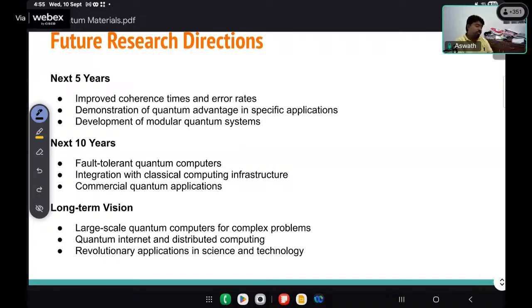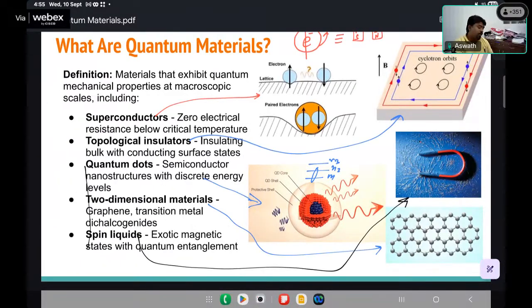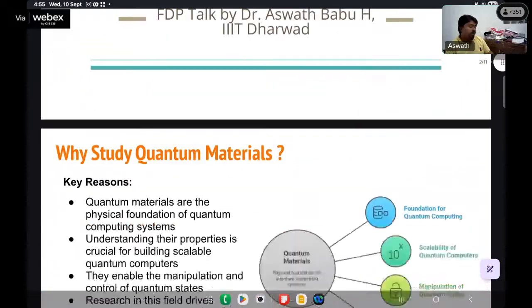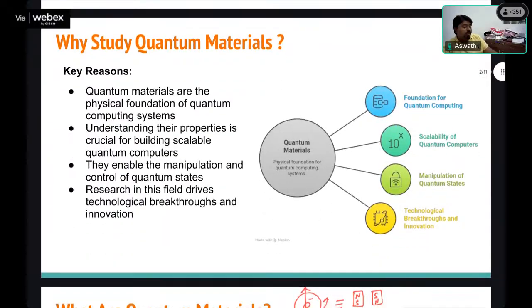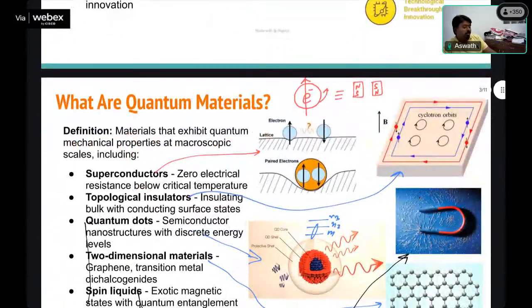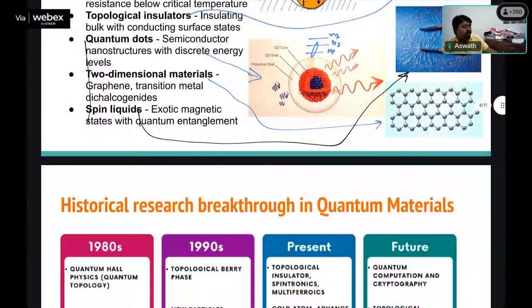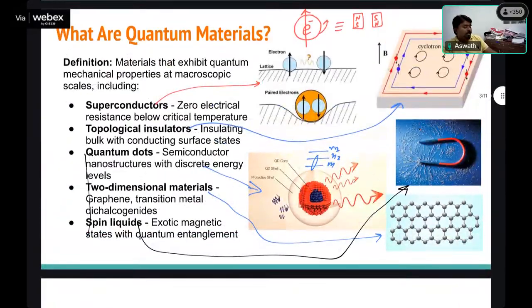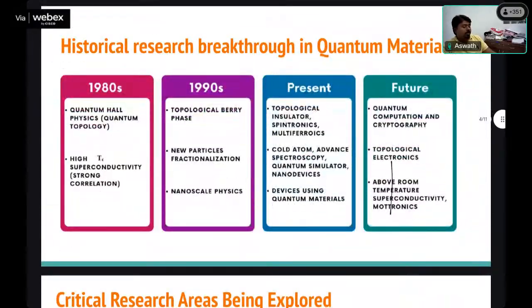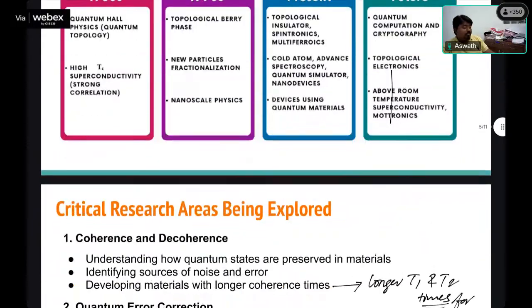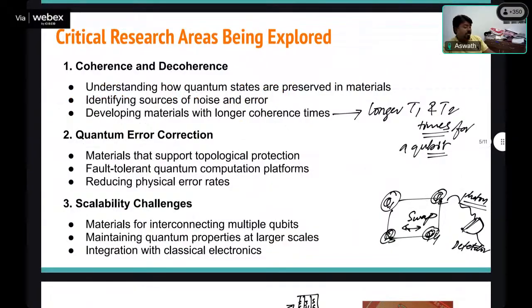So just to conclude, what we did in today's session, let me save this. We talked about why one has to study quantum materials, what quantum materials are being explored currently, and the study of quantum materials from the 1980s to the current status.